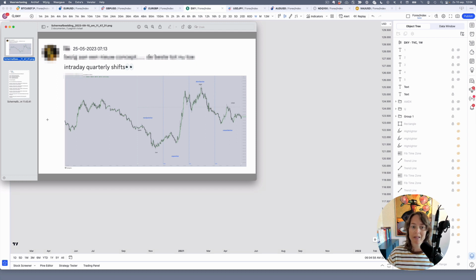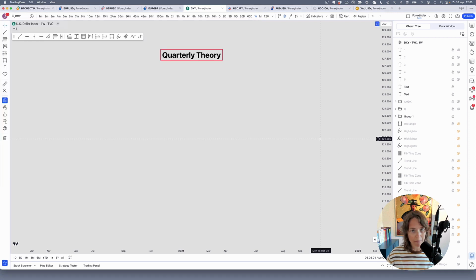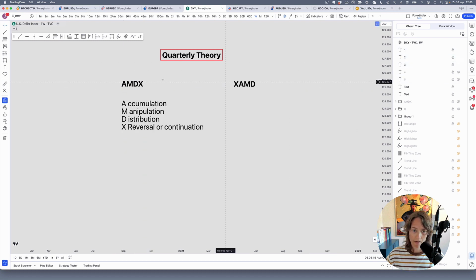So when we dive into it, let me explain a little bit more on how I think this hack can really help you become a better trader. The quarterly theory is nothing else but this profile: accumulation, manipulation, distribution, and then a fourth quarter, which can be a reversal or a continuation of this distribution trend.